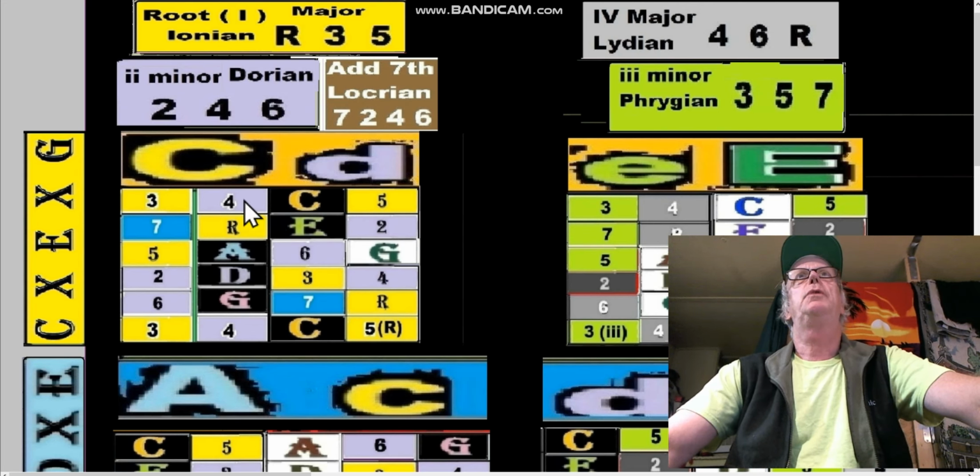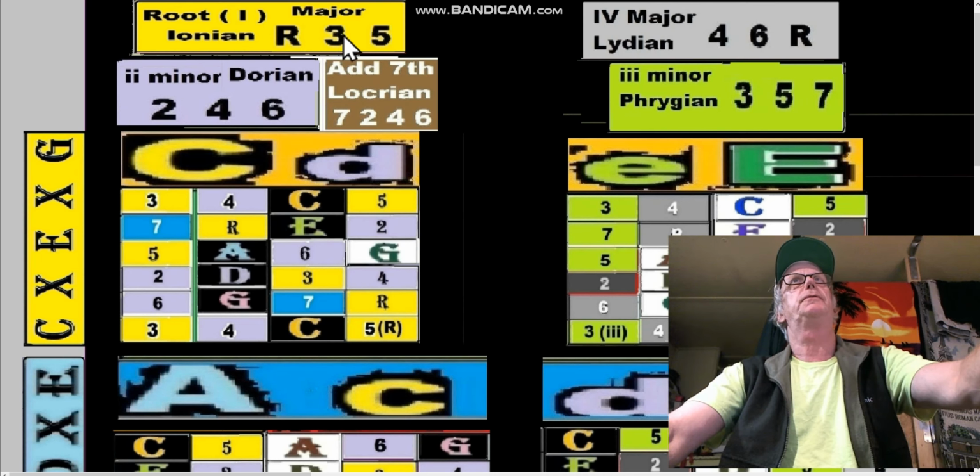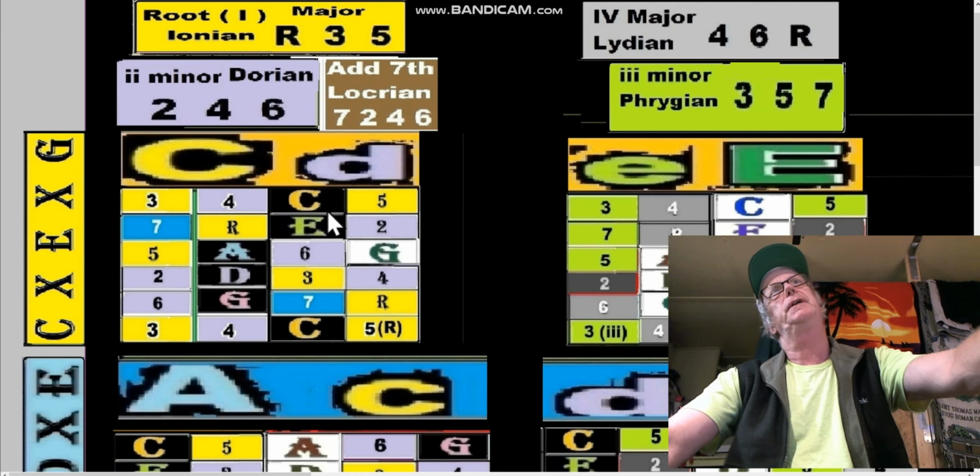And then each one of these cages has 2 of the modes. So this has the root 3-5 and the 2-4-6, and it also adds a 7, these blue 7s for the Locrian. This one covers 3.